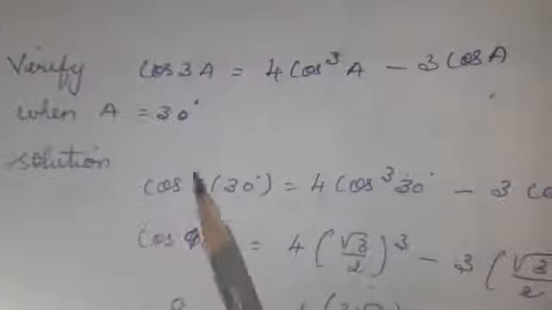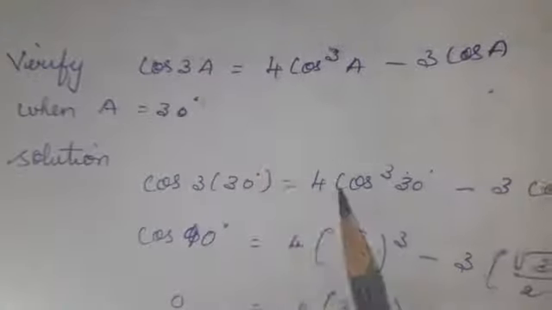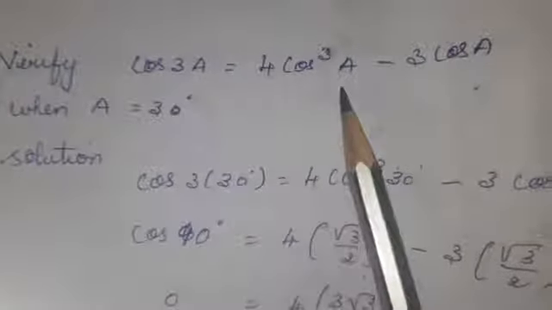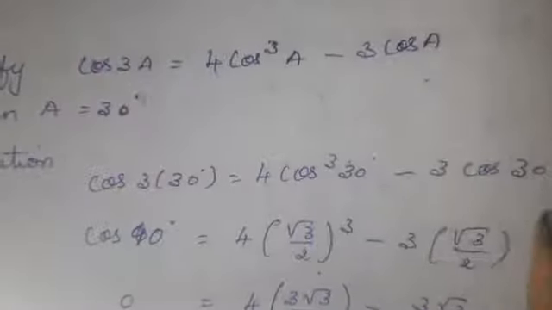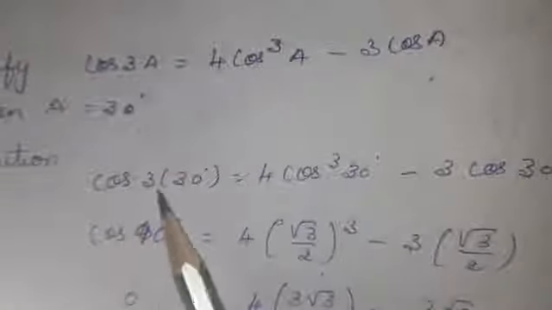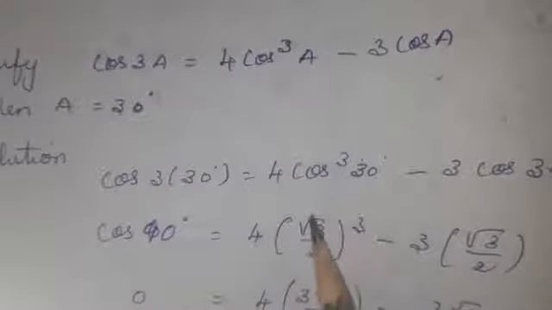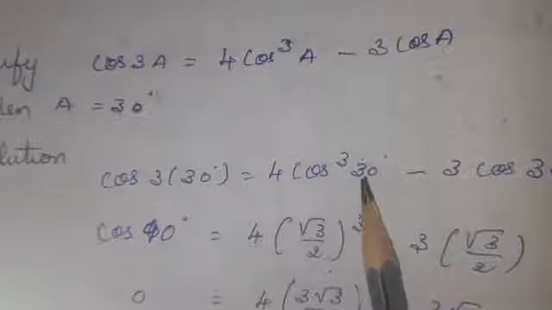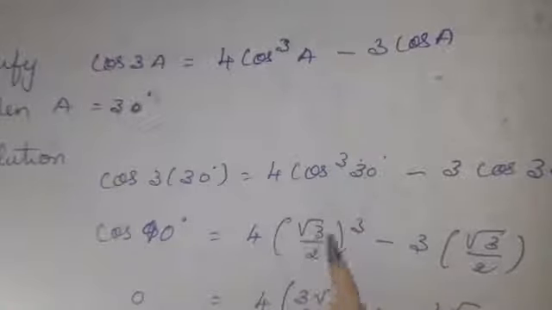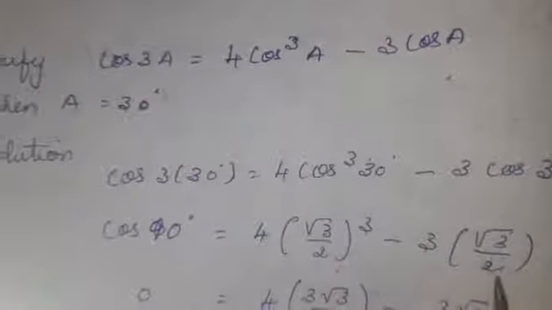So cos 3 into 30 degree is equal to 4 into cos cube, instead of a 30 degree, minus 3 into cos 30 degree. Cos 3 into 30 is 90, is equal to 4 cos cube 30 degree. The 30 degree value is root 3 by 2, the whole cube, minus 3 into cos 30 value, root 3 by 2.